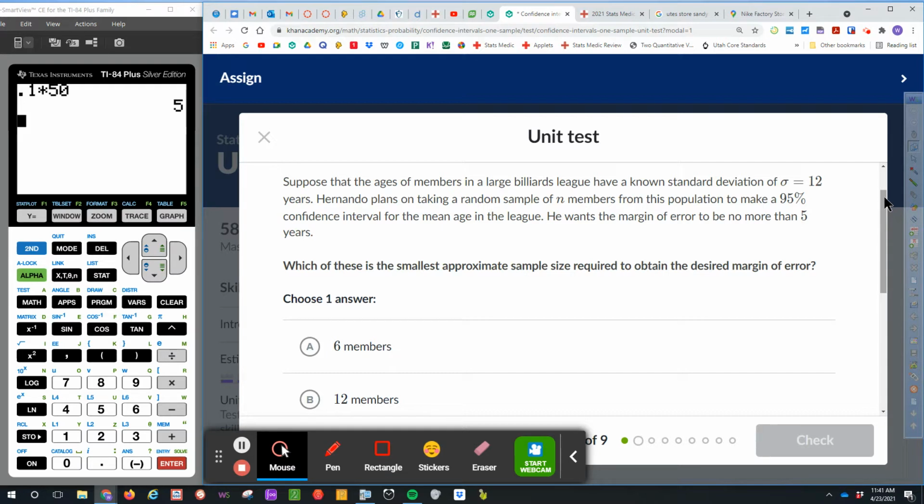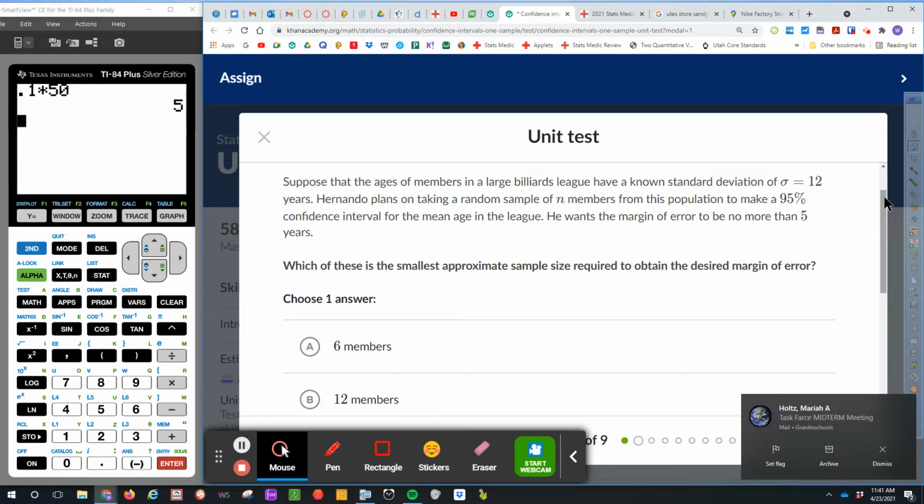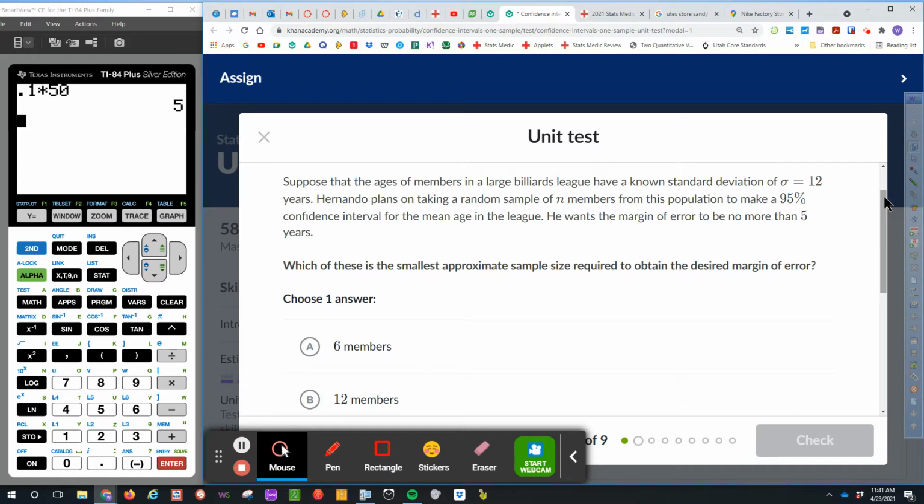Hernando plans on taking a random sample of n members from his population to make a 95% confidence interval for a mean age in the league. He wants the margin of error to be no more than 5 years.